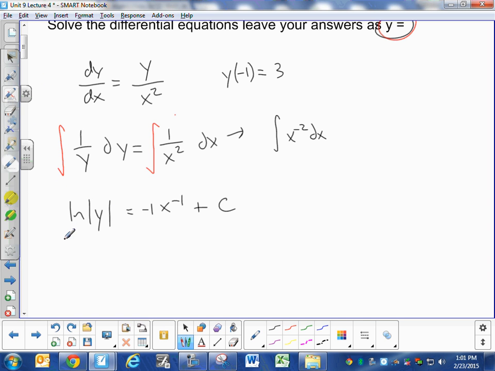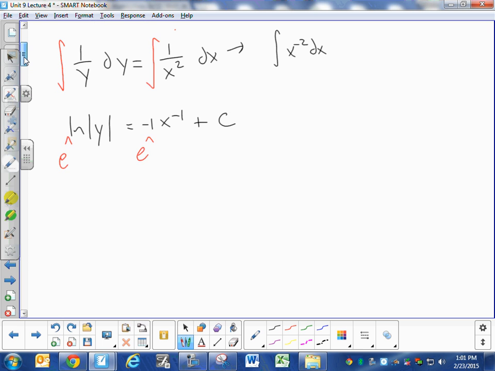Step 1, let's get y by itself by taking e to the power of both sides. This leaves me with the absolute value of y equal to e to the entire right side, including the c. Now you can rewrite this as negative 1 over x plus c.